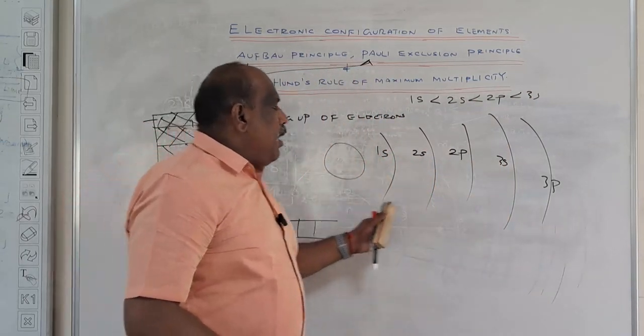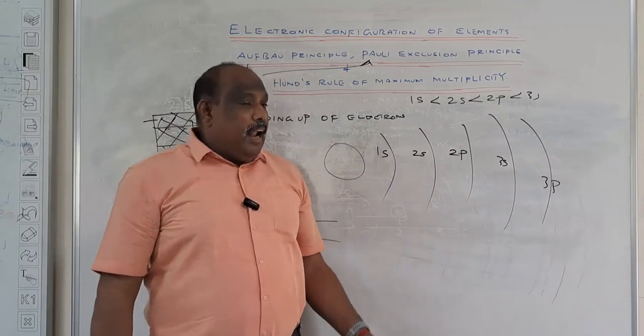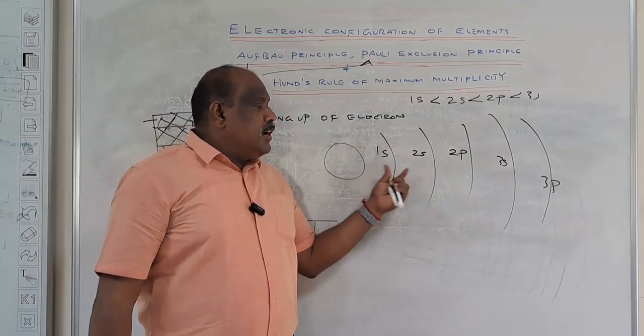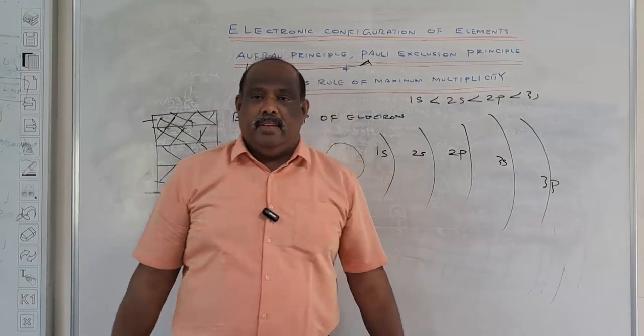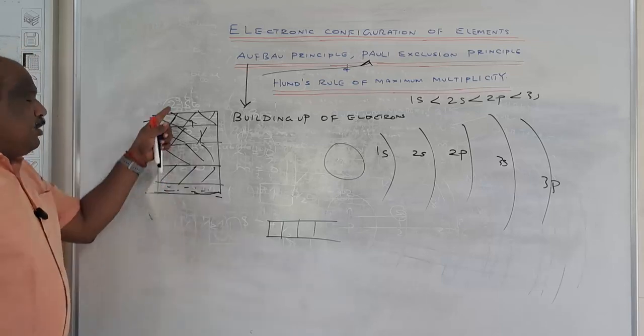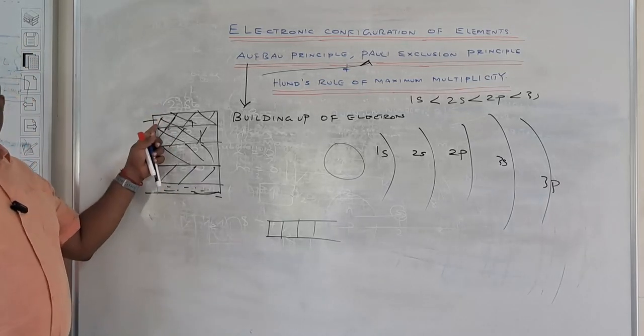Once I have filled up to 3p, let us assume I filled the electrons up to 3p. Now if I am going to remove an electron, can I remove it easily from 1s or 3p? 3p. So the trend will become reversed. Similar to the water stored in a container, the pressure at the bottom will be higher compared to the pressure at the top.